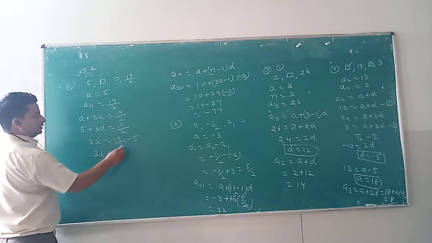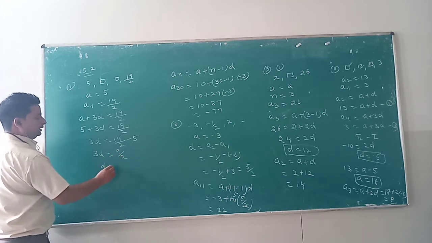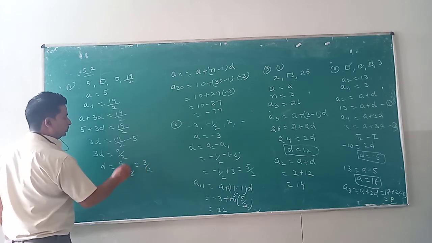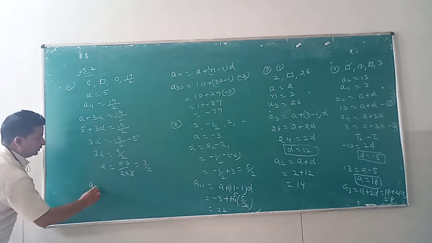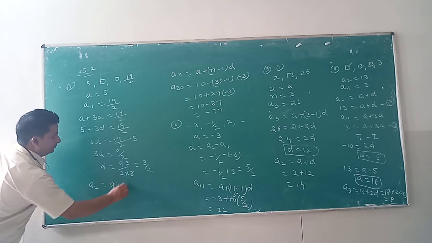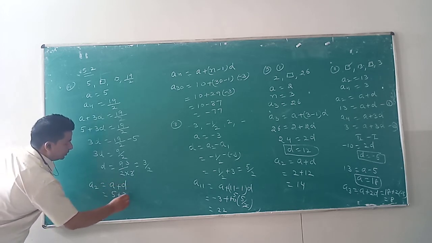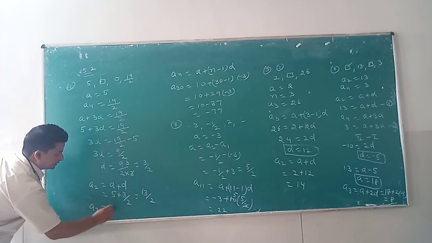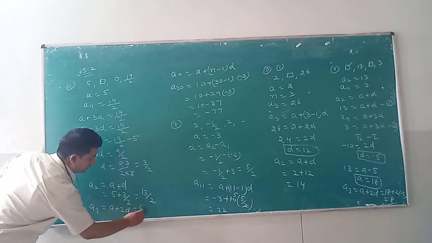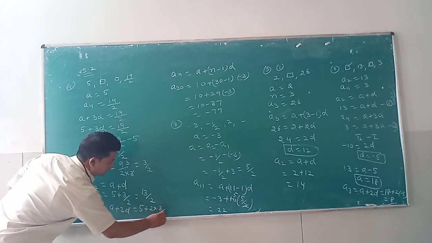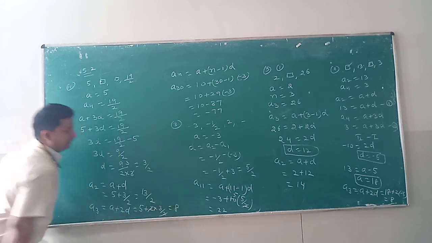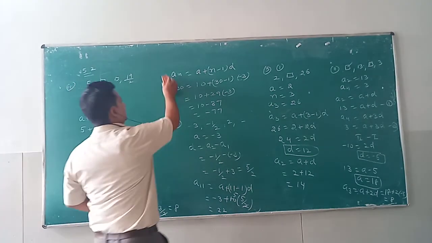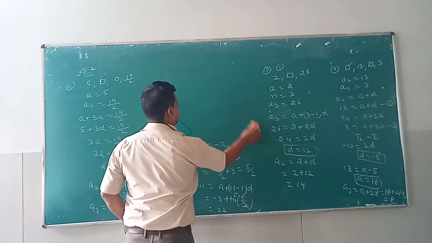So 3d is equal to 9 by 2 and d is 9 by 2 into 3, which is 3 by 2. So a2 is a plus d. This is 5 plus 3 by 2, 13 by 2. And a3 is a plus 2d, 5 plus 2 into 3 by 2, which is equal to 8. So 13 by 2 and 8 are the missing terms of this AP.